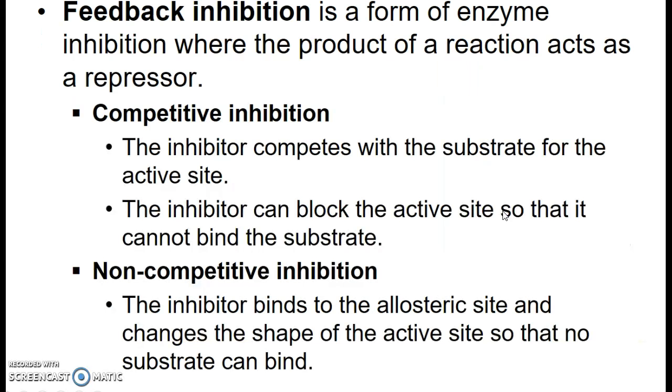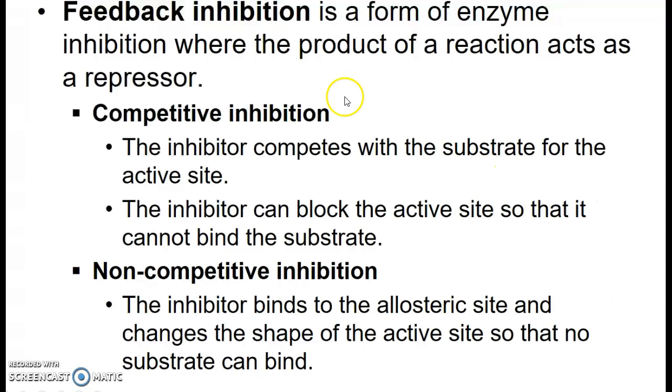Okay, so feedback inhibition is a way that cells can control the activity of enzymes where the product of the reaction is a repressor for the enzyme that catalyzes the reaction. And there are two types: competitive inhibition and non-competitive inhibition.